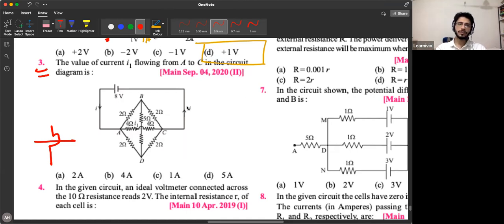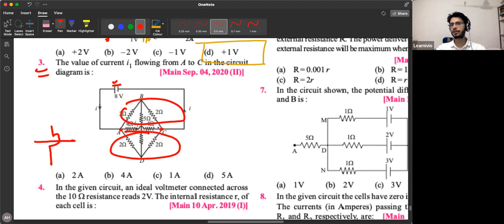Okay, time over. See, this 4 ohm and 4 ohm are in series, and from the ends of A and C, you have this cell. So the voltage drop across the 4 ohm and 4 ohm is 8 volt. You don't have to worry about the entire circuit. Don't worry about these resistors, they're not affecting your circuit.